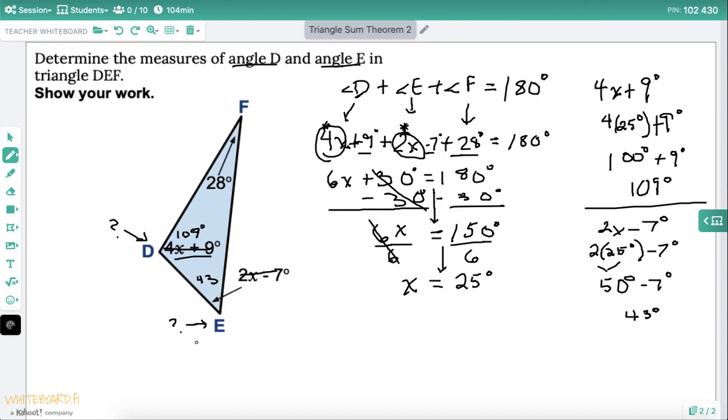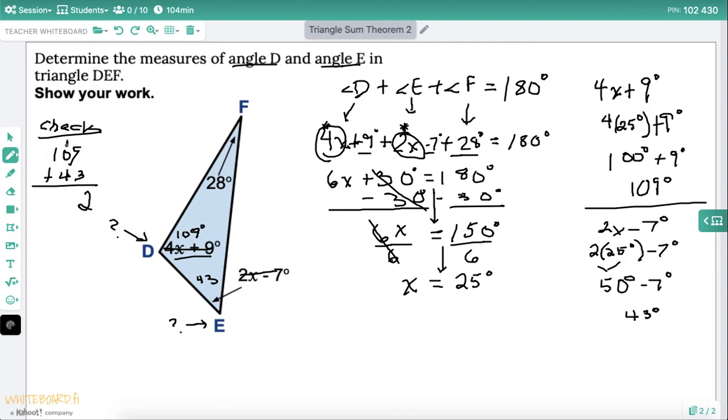So now we only have one question. Does that add up to 180 degrees? That is how we check. So I will literally write that this time. It is a check. So let's see. 109 plus 43. 9 plus 3 is going to be 12.